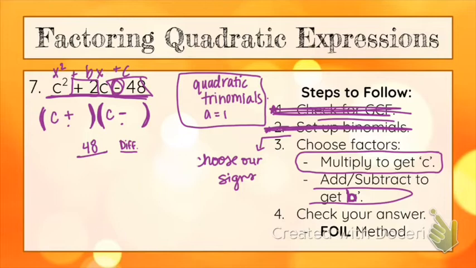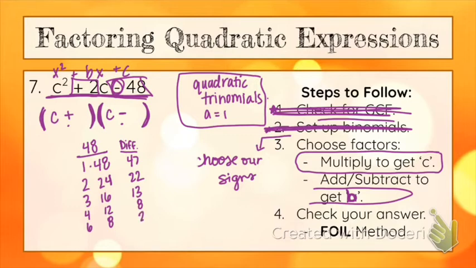So 48 has 1 times 48. The difference in those is 47. We have 2 times 24. The difference is 22. We have 3 times 16. The difference is 13. 4 times 12. The difference is 8. 5 does not go into 48. 6 does. 6 goes in 8 times.